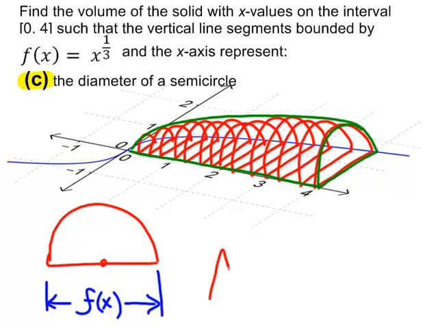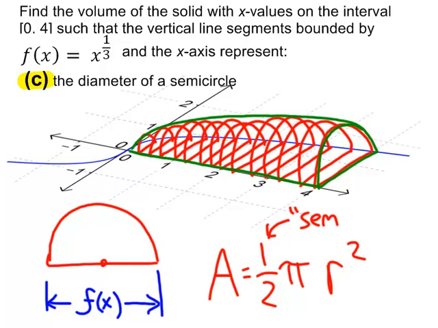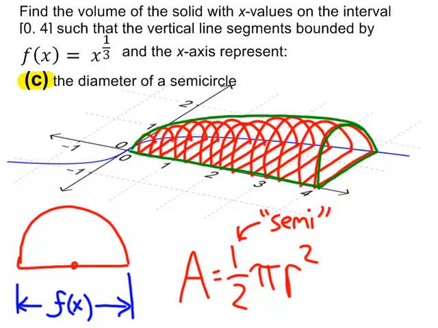Now, the area of a circle we know is pi r squared. And since we're dealing with the semicircle, we'll put a 1/2 right here. And I'll put a little note there just reminding it that that's because it's a semicircle. And now notice the relationship between r in our familiar circle or semicircle equation here.